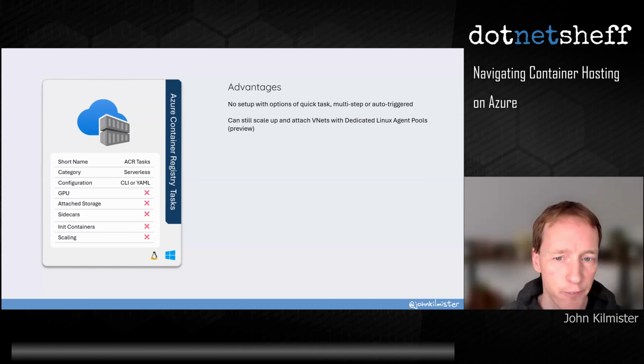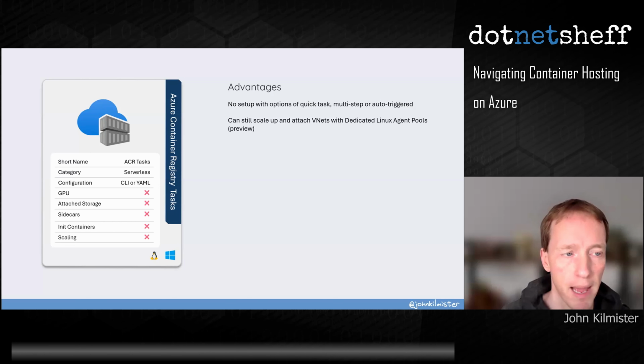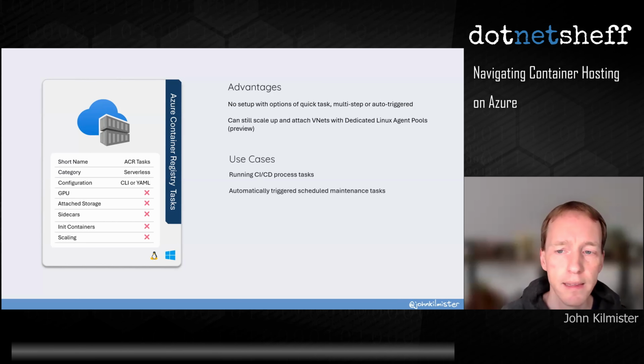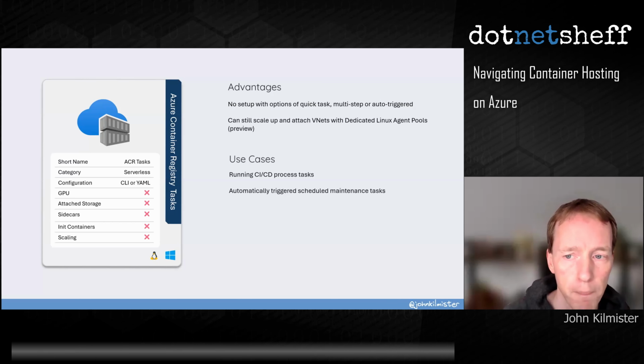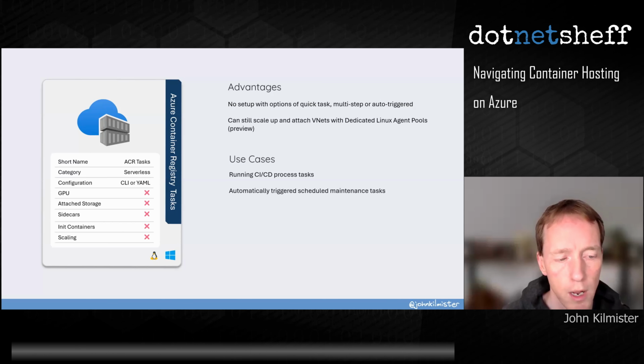It has limited features because it's more geared around a CI/CD process. So there's no GPU, no attached storage, no sidecars, and definitely no scaling. However, there are agent pools, which are in preview, so you can kind of bring your own agent that gives you some extra options. And they also do work on both Windows and Linux. The scenarios where these are used, as I said, are primarily CI/CD tasks, so using one container to build another container.